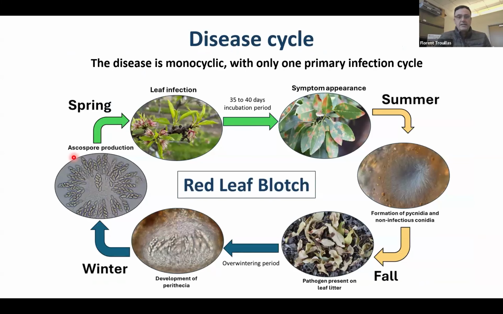So the disease cycle of red leaf blotch, as I mentioned, is very straightforward. It's a monocyclic disease, meaning that there's only one primary infection cycle in the spring, but the disease cycle may start right here with those pathogen fungal fruiting structures present on the leaf litter.